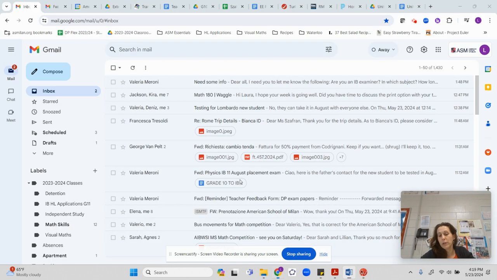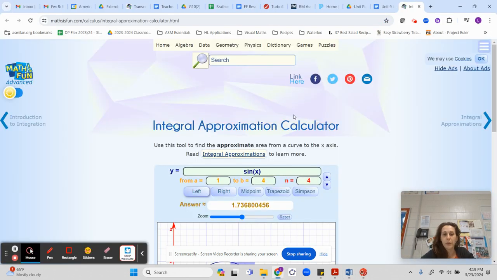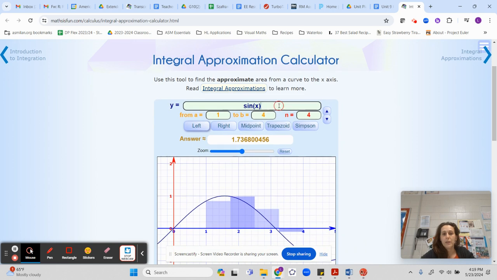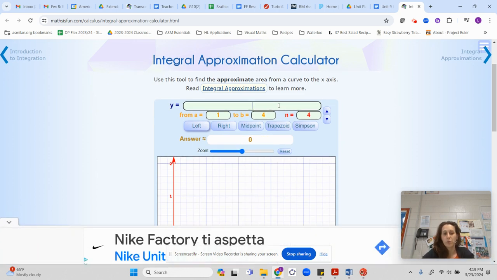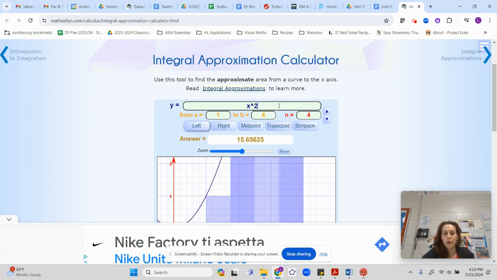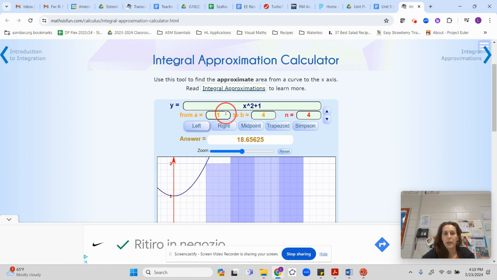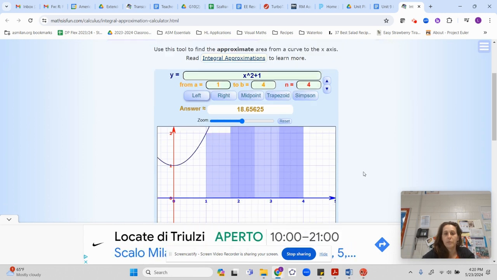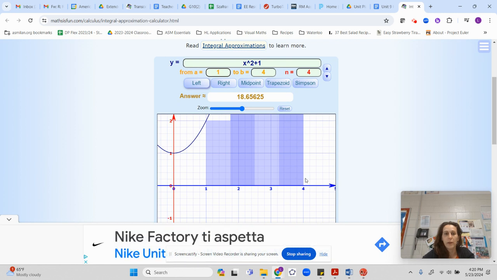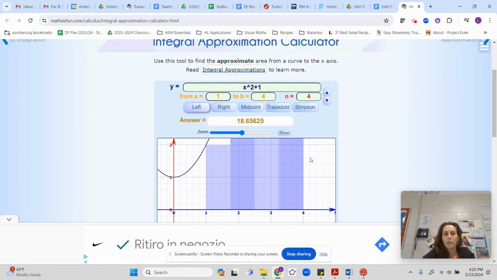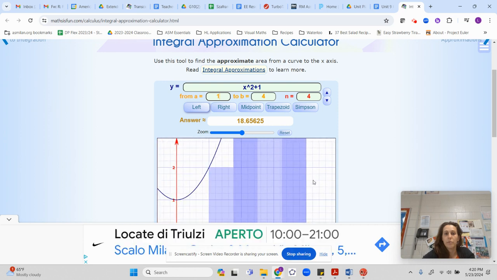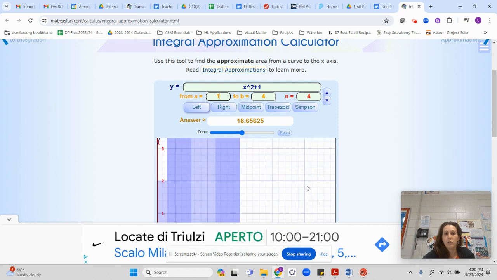I recommend you click that in your notes and play with it for a little bit. We could even type in the function that we just worked with, x squared plus 1. I can say I want the area from 1 to 4.